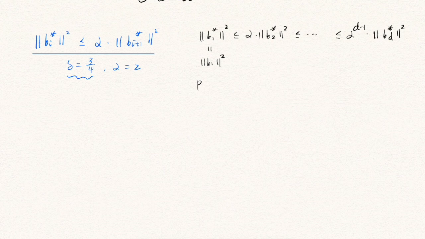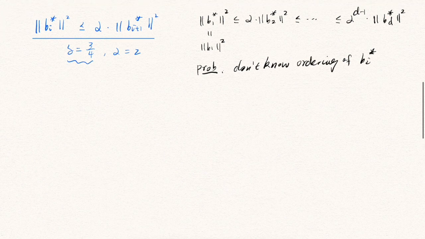But the problem is, we don't know the ordering of these Bi star. As we talked about last time, given the GSO, the Gram-Schmidt orthogonal vectors, the length of them and also the ordering of them depend on the ordering of the inputs. So you don't know whether they are in descending or increasing order.